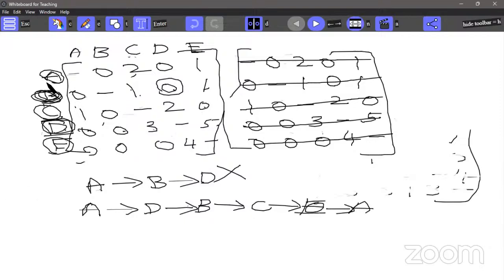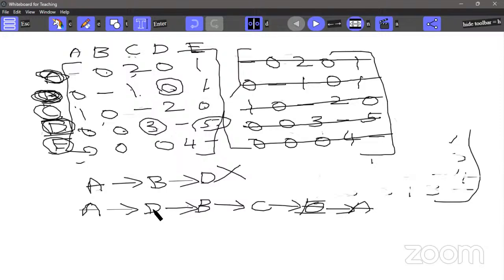See, we were in A. We started by opting for B. Then from B, we went to D. But from D, we can't come back to A. We can't come back to B. C and E options were a little expensive. 3 and 5 were very expensive. So we ruled this out. Then we tried going to D first.